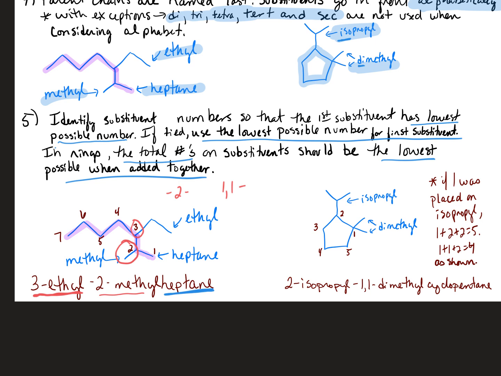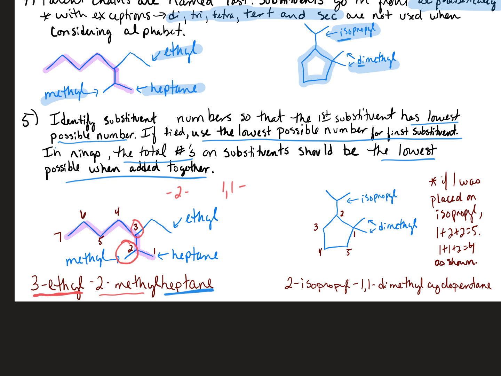Okay. Next, we're going to look at the other example with the cyclopentane that we had there. In this case, I could number 1, and then I could do 2 here, 3, 4, 5. Now, the alternative would be I could number this 1, and this would be 2, right?